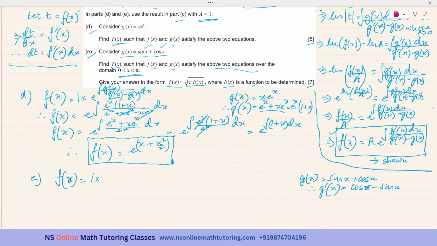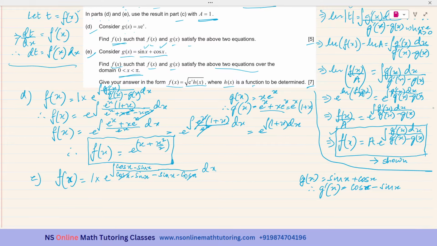And now f of x equal to 1 times e to the power of integral of g dash x, which is cos x minus sin x, over g dash x, so cos x minus sin x, minus g of x. So it is minus sin x minus cos x, and dx. So these two will be getting cancelled.